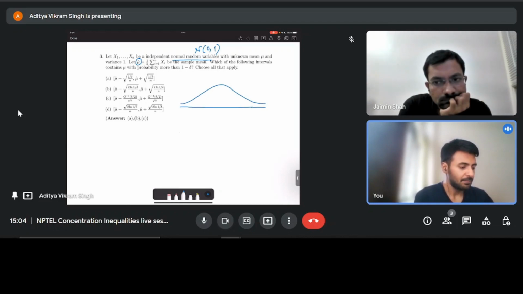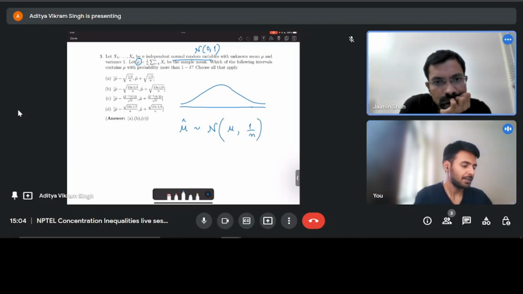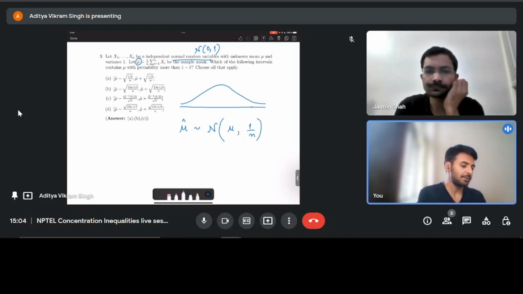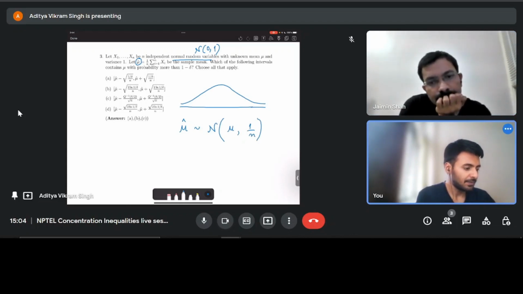Mu hat would be a normal distribution with mean mu and variance 1 by n. The variance comes from the previous question. So your estimator will have this distribution, and mu is unknown. You want to find an interval so that with high probability that interval contains the mean.